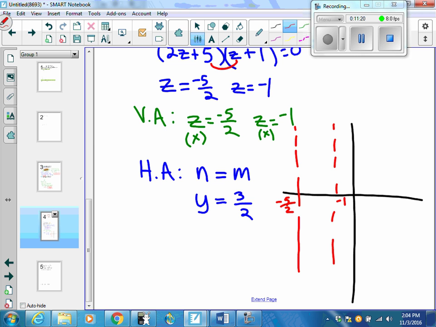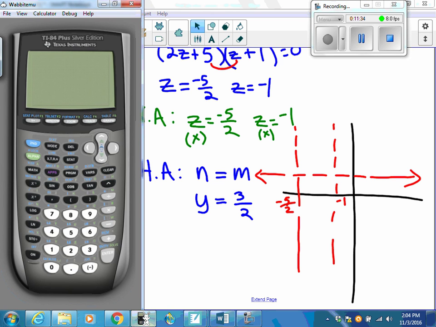And I have a horizontal asymptote at 3/2, which is 1.5. So probably about right in here. So those are the sections where things are going to start to happen. If I graph this function, I can have a fairly good idea of what might happen.